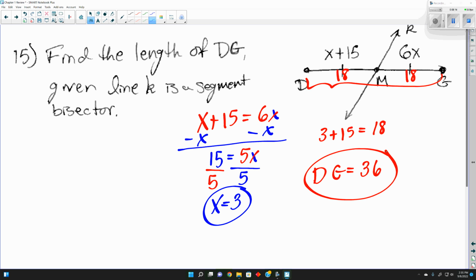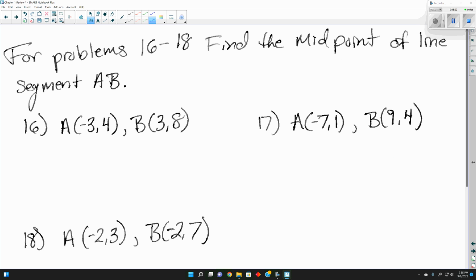Questions on this here? If we're good with 15, 16 through 18, find the midpoint. Our midpoint equation: x1 plus x2 divided by 2, comma, y1 plus y2 divided by 2.